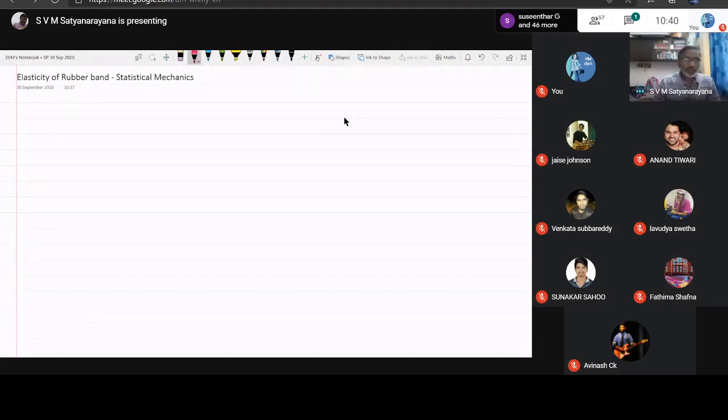If you take something like a rubber band, this is a generic feature of many of the polymeric materials.